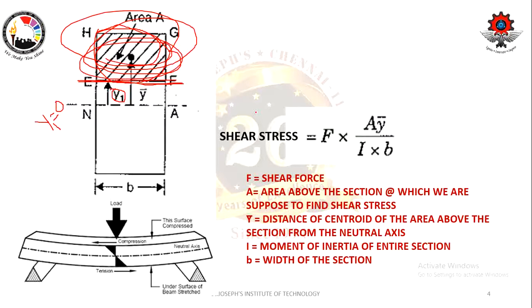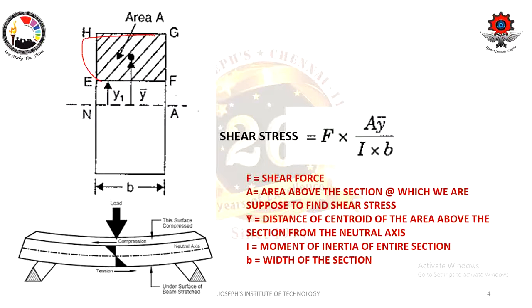That is A. And y bar is the distance of the centroid of that area above the section from the neutral axis. This shaded portion has a centroid, and that distance from the neutral axis is y bar.